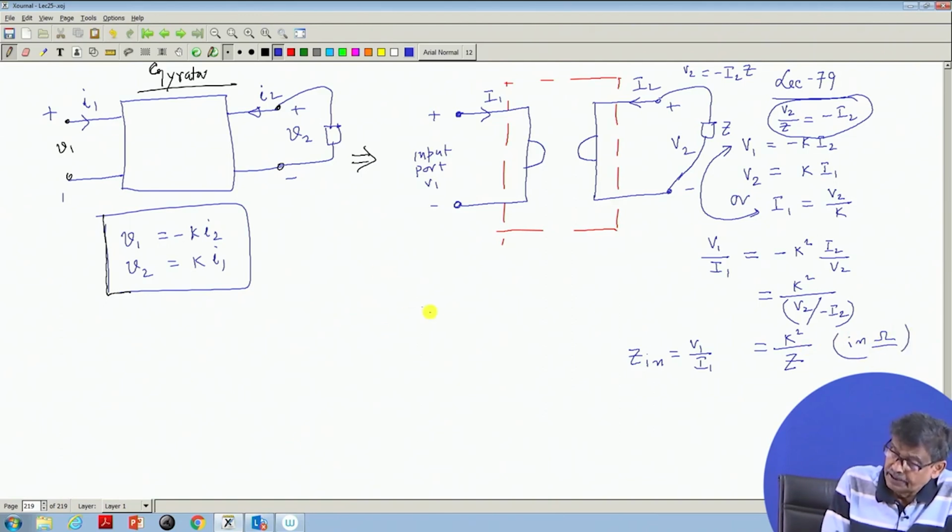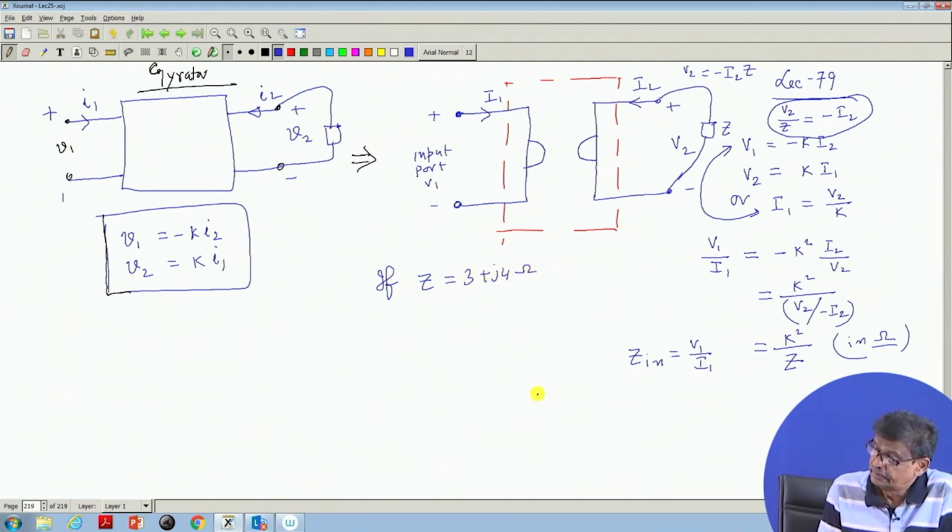For example, if Z happens to be 3 plus j4 ohm in general, then Zin will be k square, which is a number only, divided by 3 plus j4, which you know is equal to k square by 5 angle 53 degree.